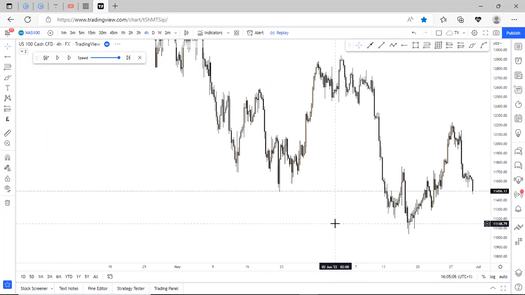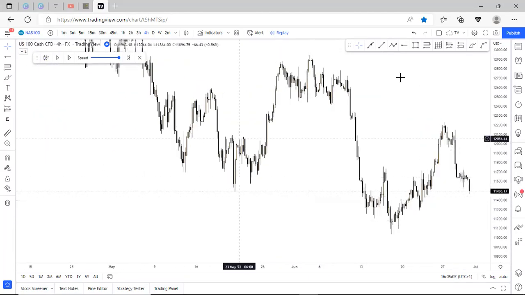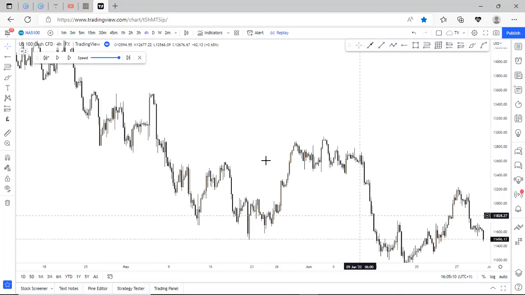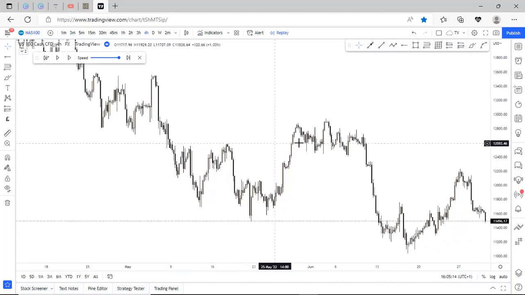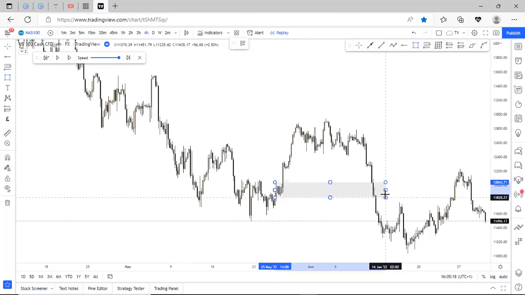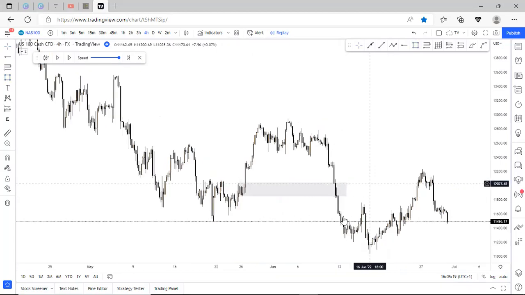Or possibly, for example, looking to the left, you can see on this time frame we have a break of structure here, and I can see a demand zone right here. I can decide to cut out this zone and see if this was a live market.